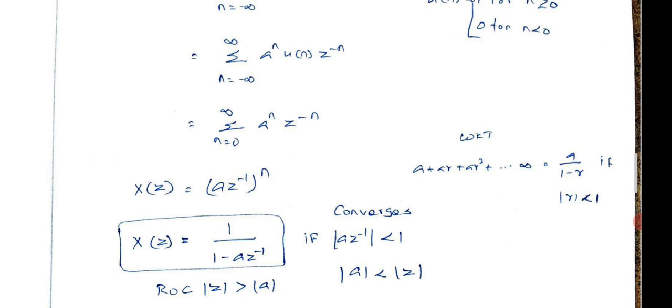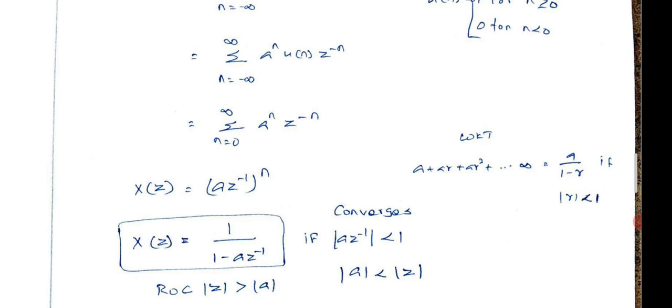So here also, (a z to the power minus 1) the whole power n, we expand it as 1, a z to the power minus 1, (a z to the power minus 1) squared, 3, 4, 5, up to infinity. So the answer will be a divided by 1 minus r, here 1 divided by 1 minus a z inverse.